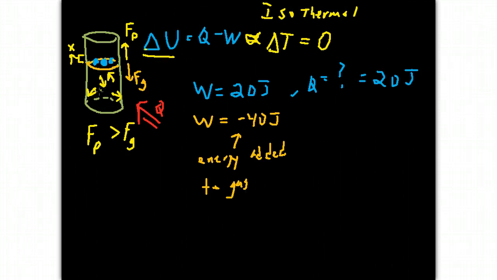So these particles aren't moving fast enough, they're not bouncing hard enough against the surface to keep it in place. So what ends up happening is the surface starts to fall. And when that's happening, it's colliding, it's giving some of its energy to the particles. So in order to keep the temperature the same in this case, what you would actually have to do would be to remove heat from the system.